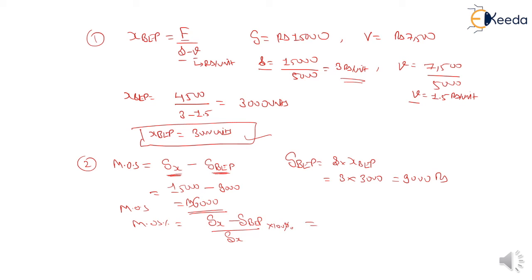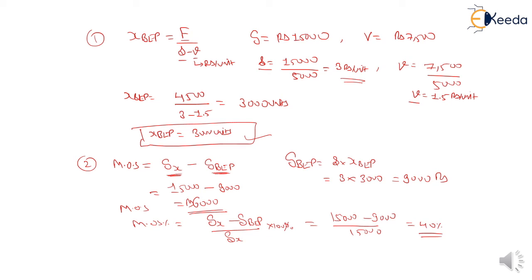Okay students, the total selling cost is 15,000 minus 9,000 upon 15,000. So calculate this and 40% is your answer. Okay students, clear to all? What is the margin of safety in rupees and what is the margin of safety in percentage?